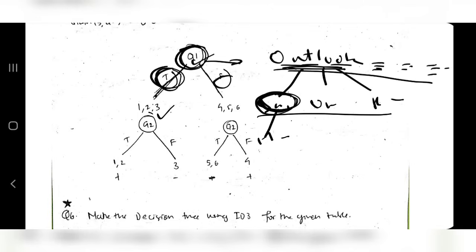So whenever outlook had a mixture in one of its attributes, I was considering its teammate. So here also I'll be doing the same thing. Whenever a1's attribute has a mixture, I'll be considering the teammate of a1. Which is the teammate? One and the only one, which is a2.